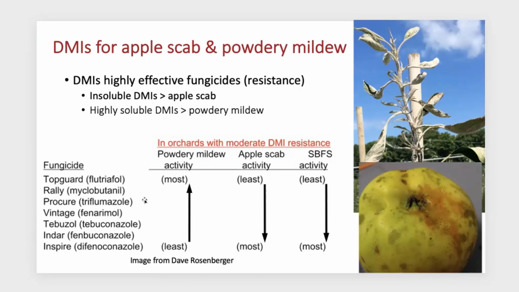And so when we're looking at powdery mildew activity, Raleigh, until we know otherwise, is still really good. Really hope we aren't dealing with any fungicide resistance issues here. TopGuard is better though. It's not as good against scab as say Indar or Inspire, but it is better on powdery mildew. This is old data, so I've never been a fan of Fenarimol.